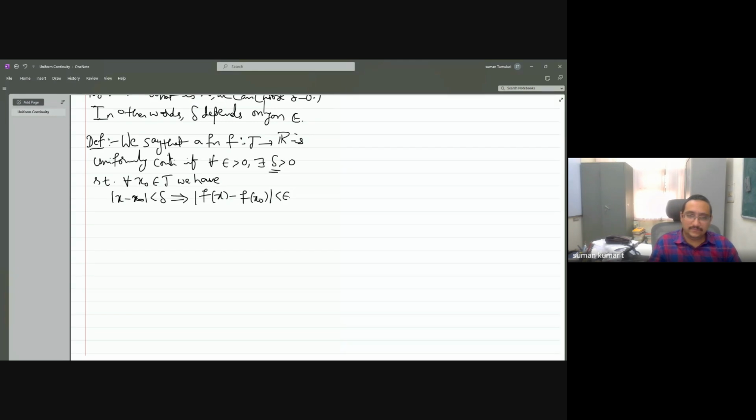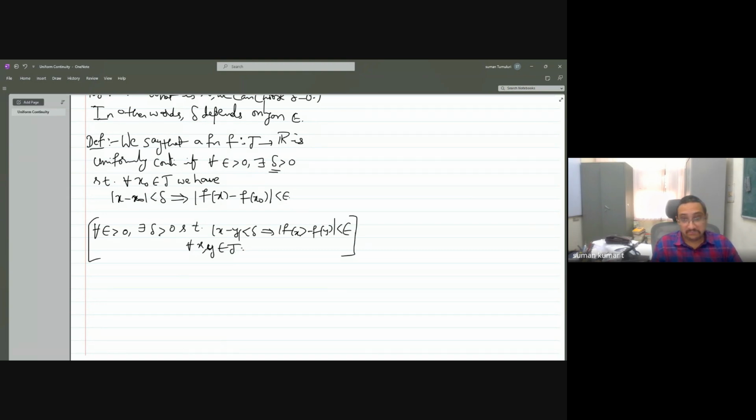Now let us see what is the definition that is typically given in textbooks. In textbooks, instead of using x naught and x, they say that for every epsilon there exists delta positive such that |x minus y| less than delta implies |f of x minus f of y| less than epsilon, for every x and y in J. This is a typical definition given in standard books, and you try to mug up without actually understanding what it is.